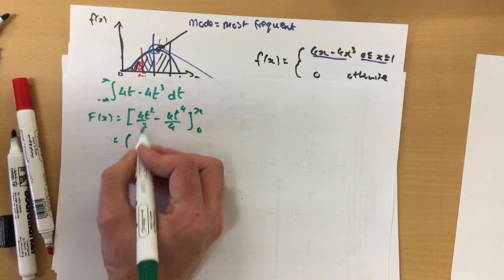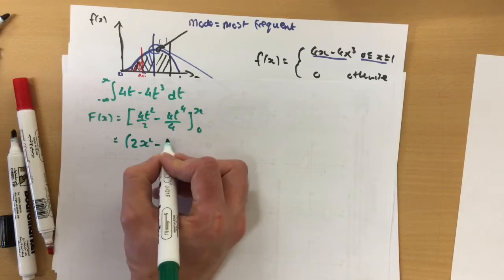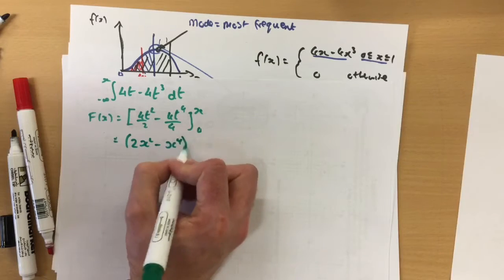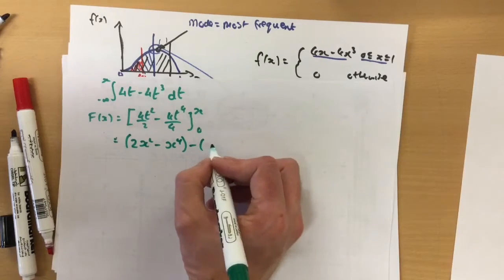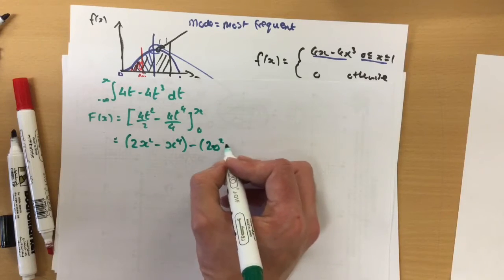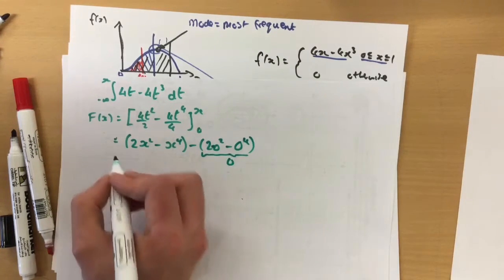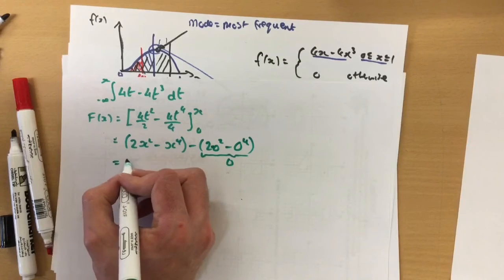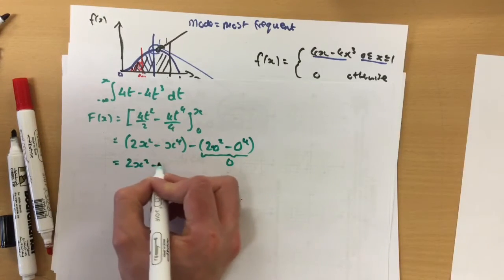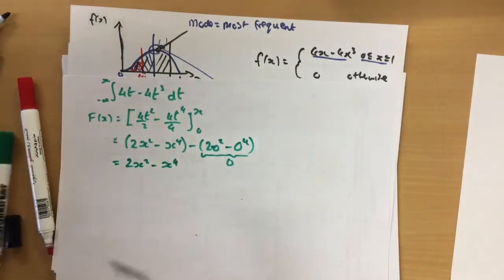So it's going to give us 2x squared minus x to the 4, take away 0, so 0 squared, or 0 to the 4, is going to be a value of 0 anyway. So therefore our cumulative distribution function is described by 2x squared minus x to the 4.